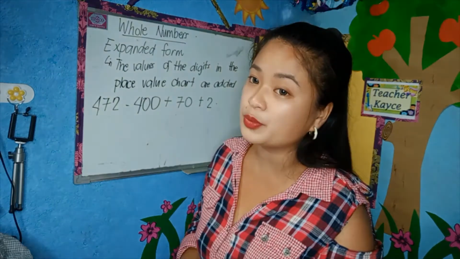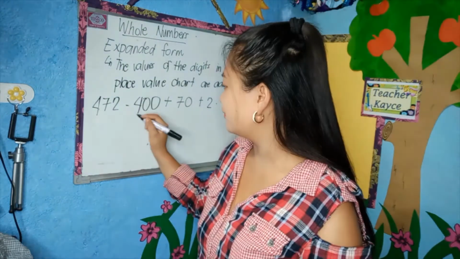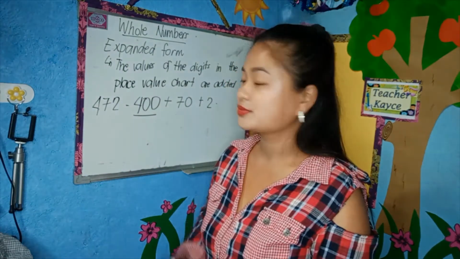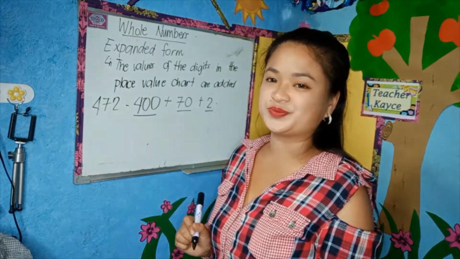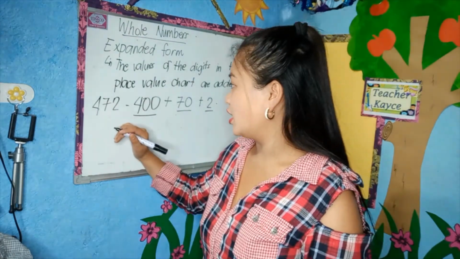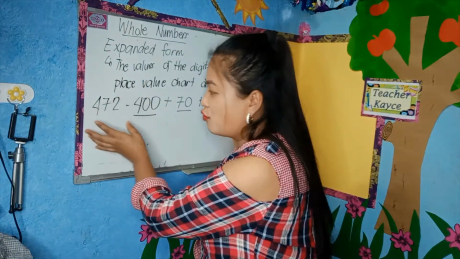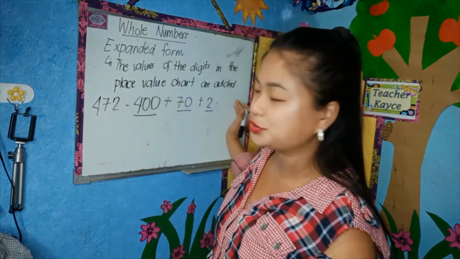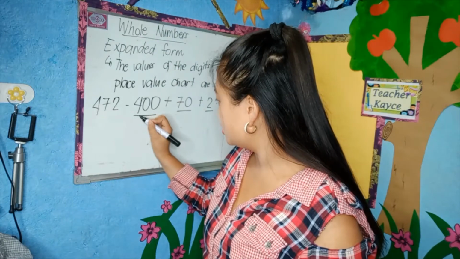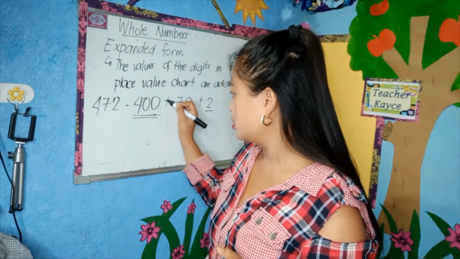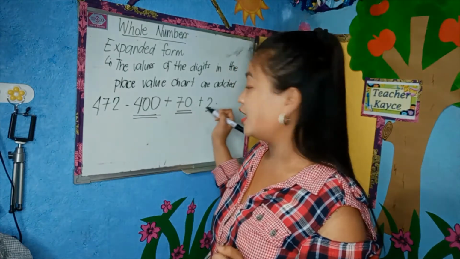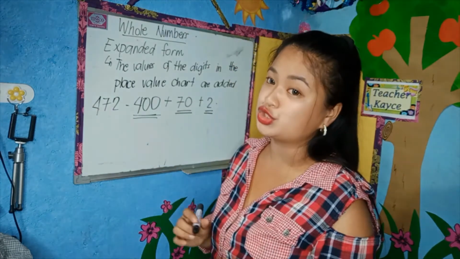Another way on how to read 472: if we expand the form of 472, we will have 400 plus 70, and then plus 2.